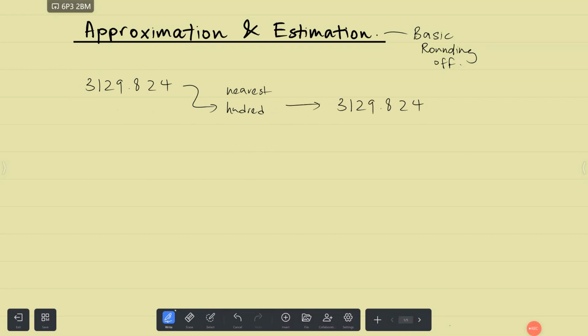We're going to look at the digit that is slightly lower than the hundreds place, which is the tens place, right? So if you look at the number 2, it will tell us to round down, and you'll get, remember your approximation sign, 3100. That is to your nearest hundred.